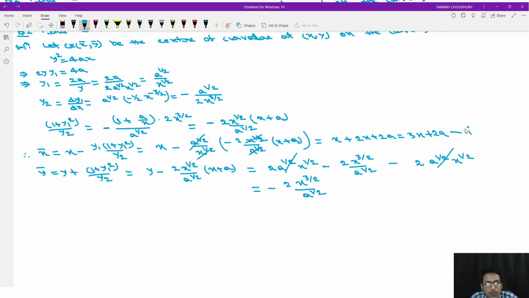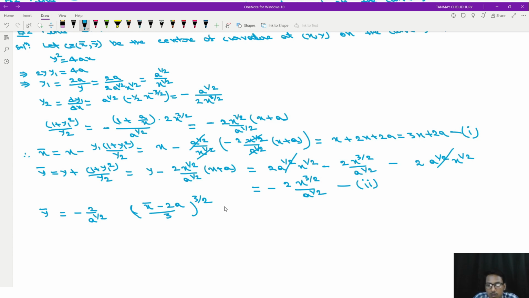From these equations 1 and 2, we will try to eliminate x and y to get a relation between x bar and y bar. So how to do that? We will plug the value of x from equation 1 into equation 2, and thus we obtain y bar is equal to minus twice divided by a to the power half, and from the first equation the value of x is x bar minus twice a divided by 3, whole to the power 3 by 2.